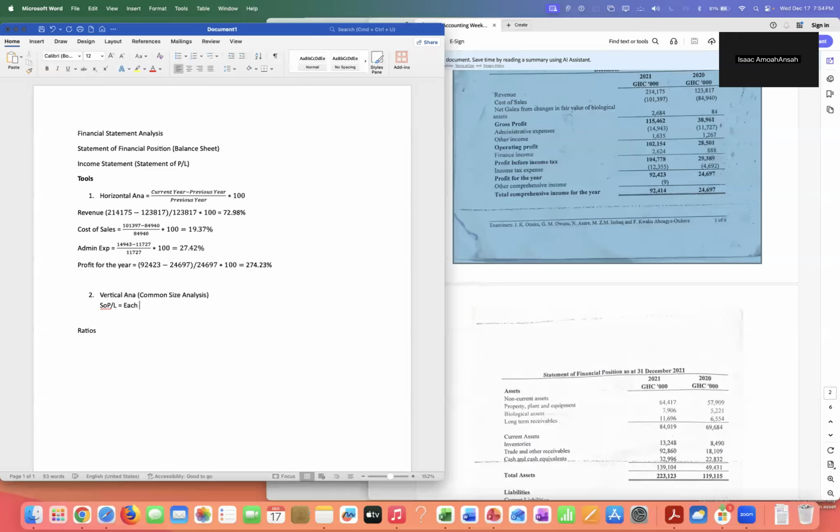So each item divided by revenue, times 100. This will be the formula that we're going to use for the statement of profit or loss.